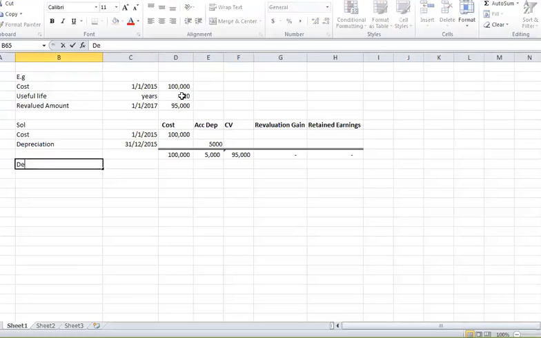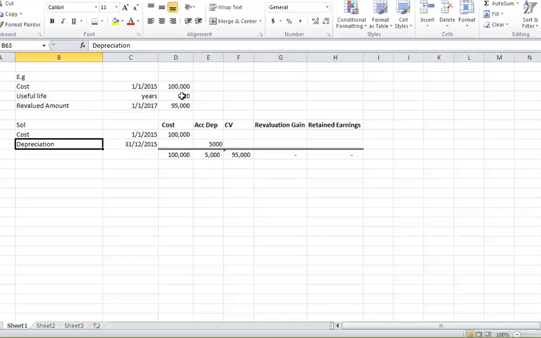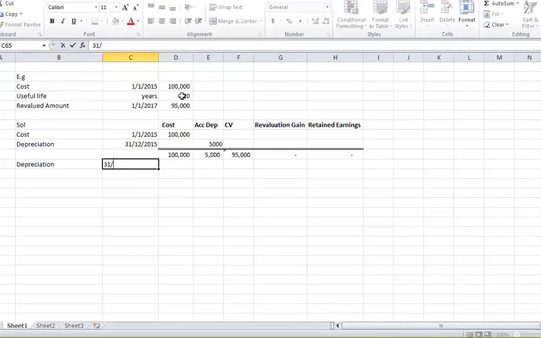Now, once again, depreciation 31st of December 2016. Once again, because you can see useful life is given, so we are charging depreciation as per straight line basis method. So in the straight line basis method, what is cost? 1 lakh divided by useful life.